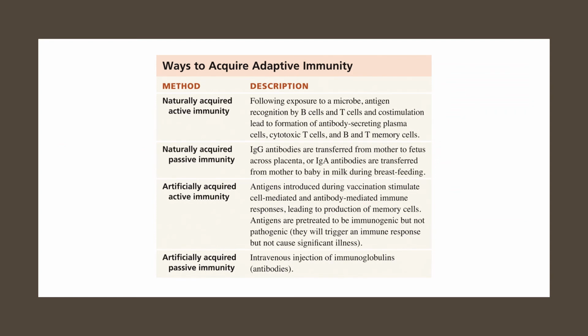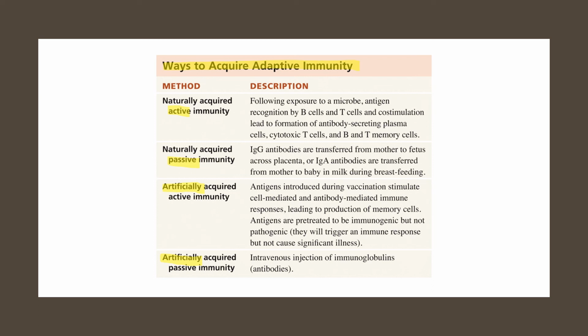So this table here summarizes the various ways to acquire adaptive immunity. Could be natural or artificial. So artificially, down here would be like by vaccines. And it could also be an active immunity or a passive immunity. So active would be by the transfer of antigens.